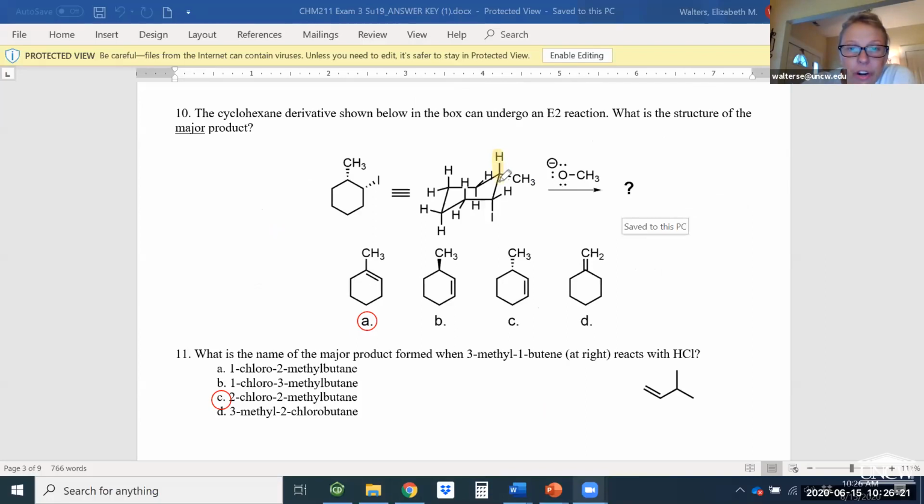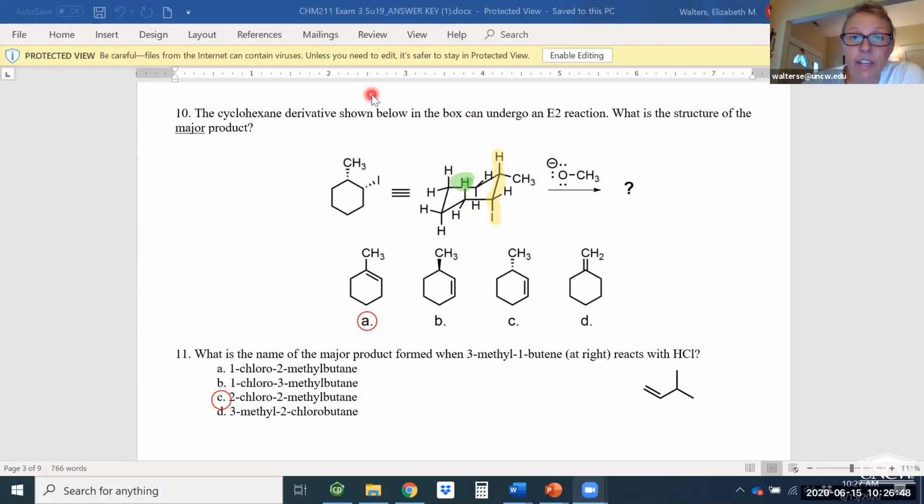So it would be here, here, here. Okay, now the weirdo is up here, because this hydrogen in green is also anti-periplanar to this iodide. So there are 2 hydrogens that are considered beta and anti-periplanar.